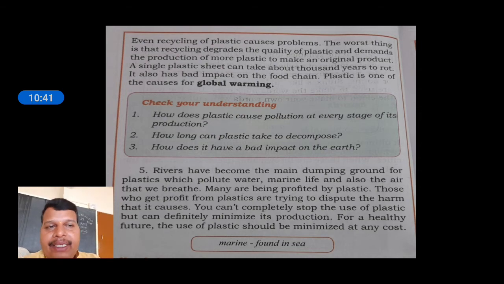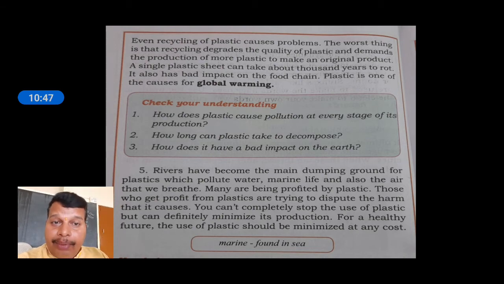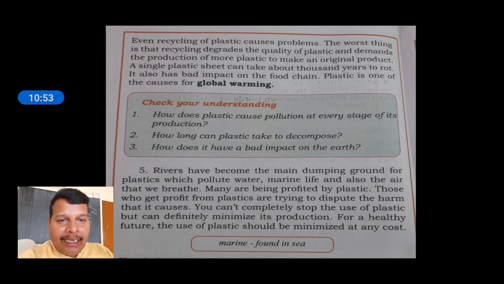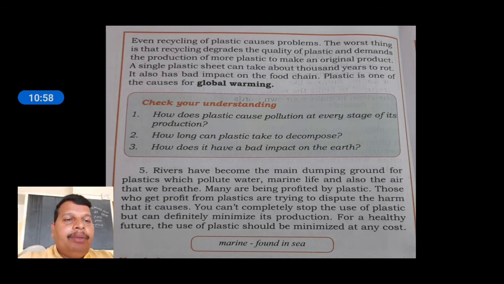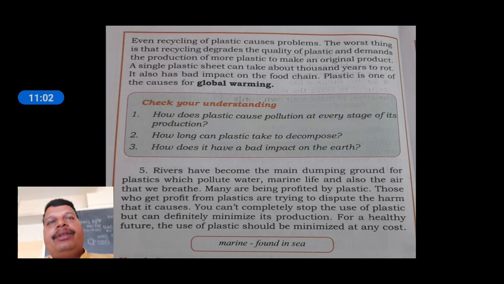You can't completely stop the use of plastic. We can't completely avoid plastic, but we can definitely minimize its production. How? For a healthy future, the use of plastic should be minimized at any cost. What can we do to minimize it?